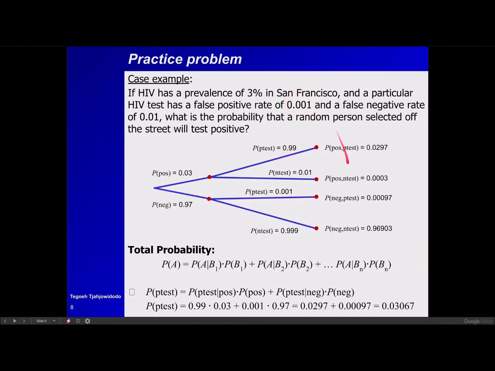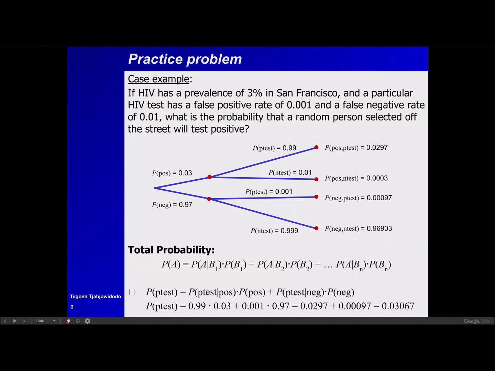So the probability of having a positive test for a negative HIV person will be equal to 0.97 times 0.001, which is 0.00097, as well as the probability of having a negative test for a negative HIV person, which will be equal to 0.97 times 0.999, which is 0.96903.